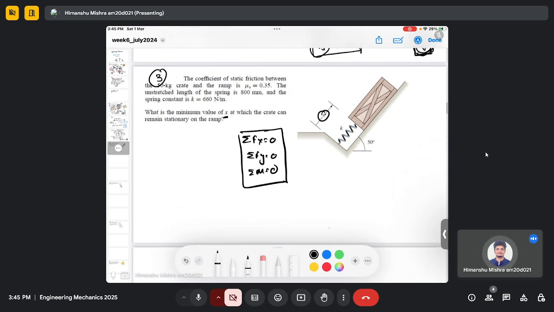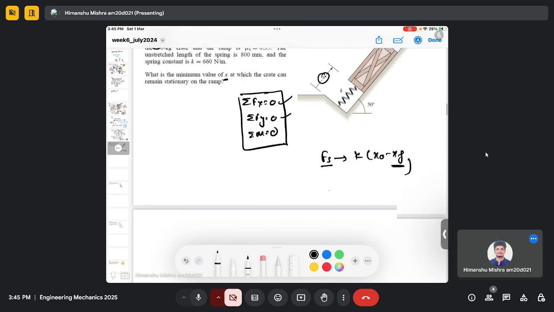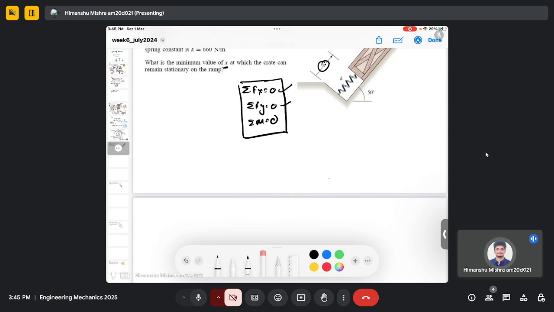So when we do the force balance analysis and equate it to 0, there will be a term in the equation, which is Fs, which can be written in terms of k x naught minus xf, and there we can go on calculating xf by knowing all other forces. So as usual, first we make the free body diagram.